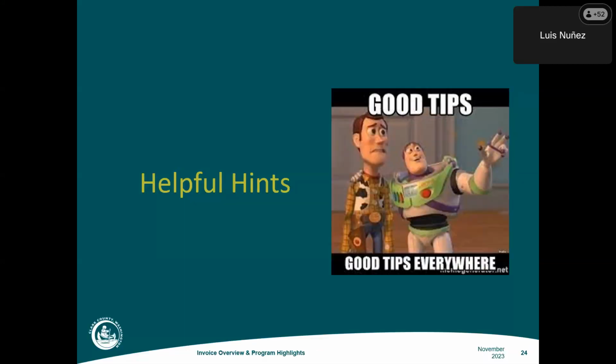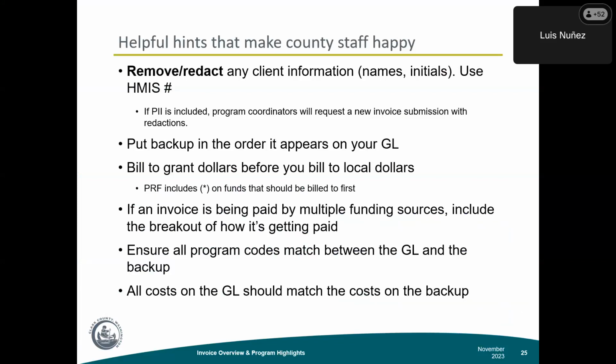Okay, moving on to the helpful hints. These are just to move the process quicker. It'll save some time and get you paid out earlier, or on time, I guess. Next slide.